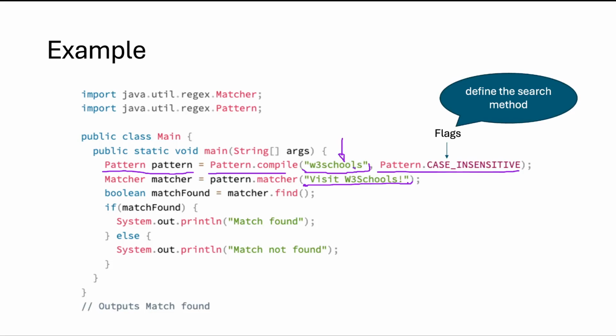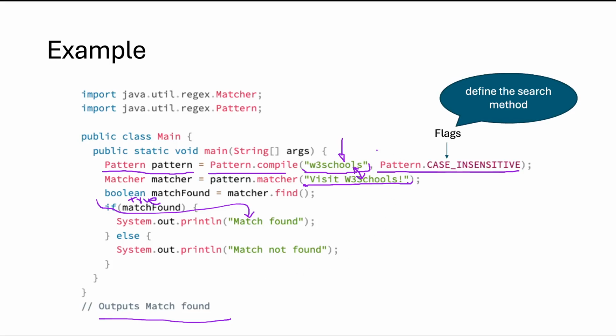In this case both are one and the same because we are choosing case insensitive, so we get the value true. The program comes inside and prints the output as match found and then exits. If there is no such keyword in the given text, it says match not found.